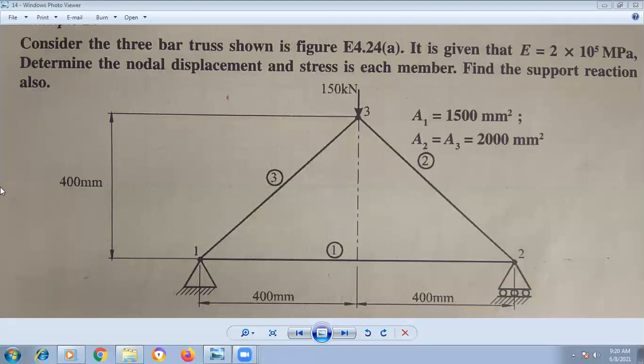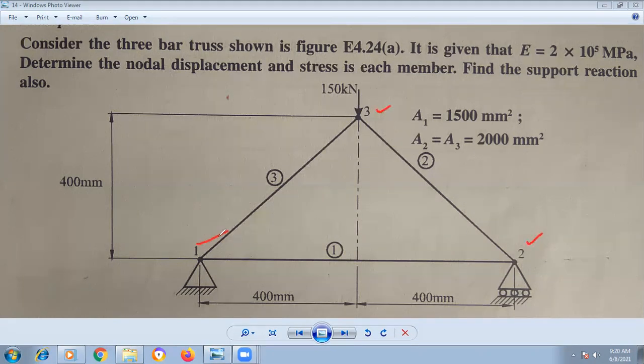Now, let us start with writing the finite element model. Node numbers are given: node number 1, node number 2, and node number 3.